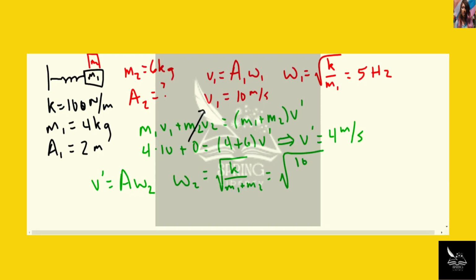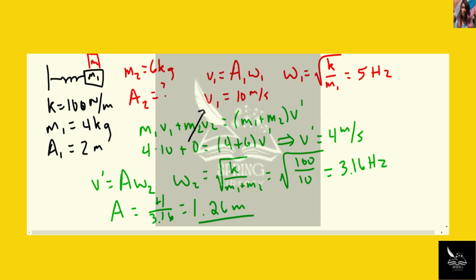So this is 100 over 10. So this is about 3.16 hertz. So the new amplitude is going to be 4 over 3.16. Right? So you can go plug that in your calculator, and I get about 1.26 meters. So that's the new amplitude.